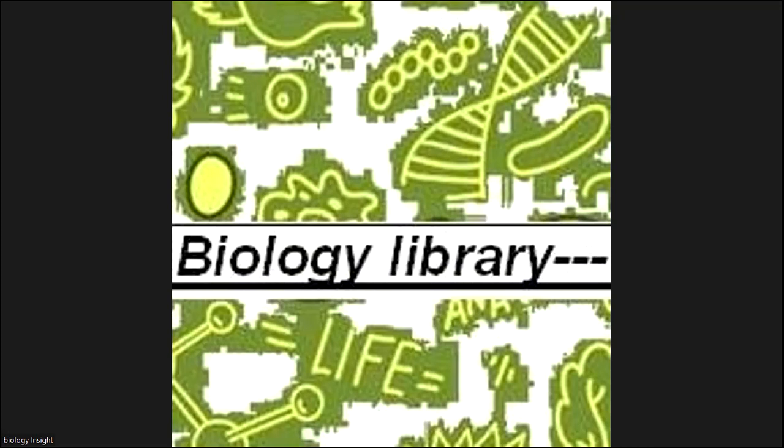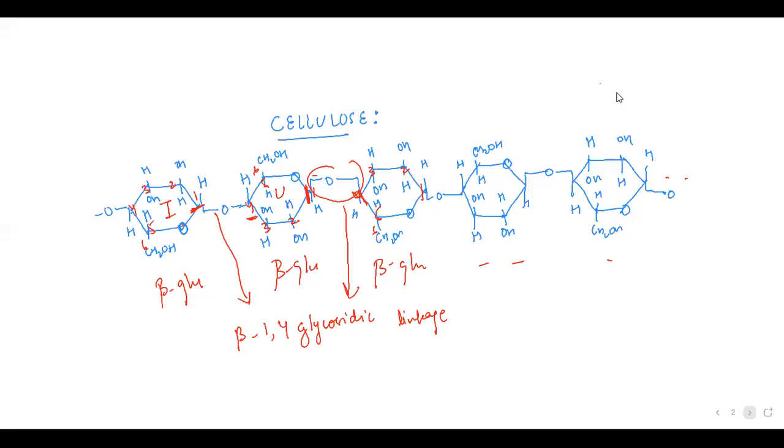Now let's start with the next structure, which is chitin. Chitin is the structural material. It forms the cell wall of fungi. That is why it is also called fungal cellulose.